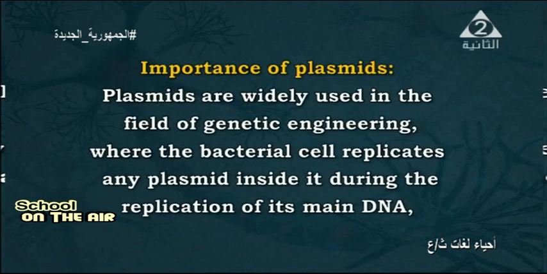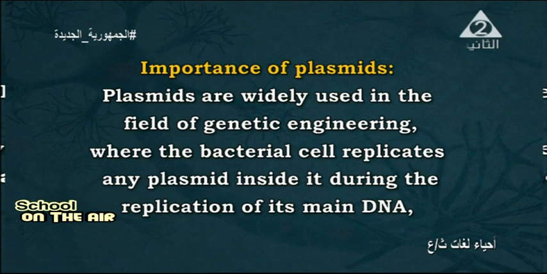Okay. What is the importance of the plasmid? Why is the plasmid necessary, or why must the plasmid be found inside the cell? First, plasmids are widely used in the field of genetic engineering.